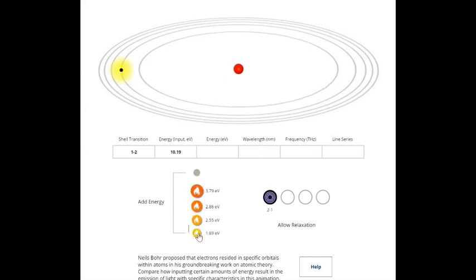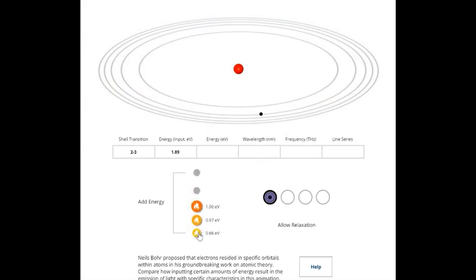If the electron jumps from third to the first orbit, in that case the wavelength is 102. If the electron jumps from fourth to the first orbit, the wavelength is 97.2.